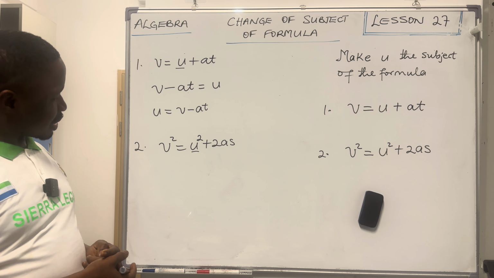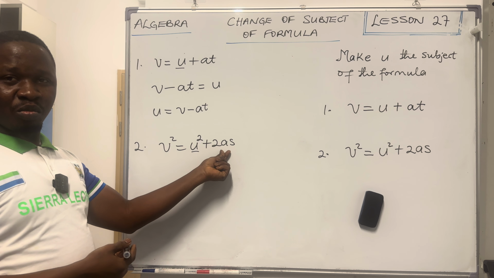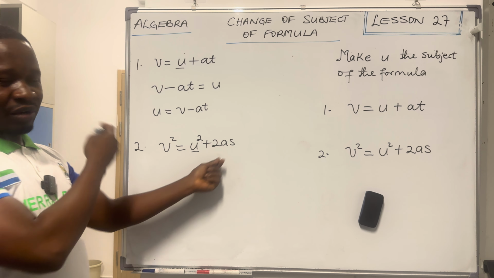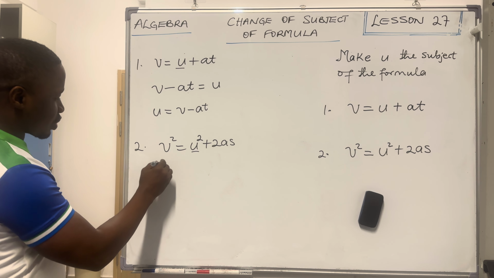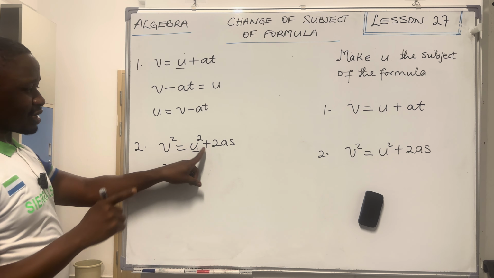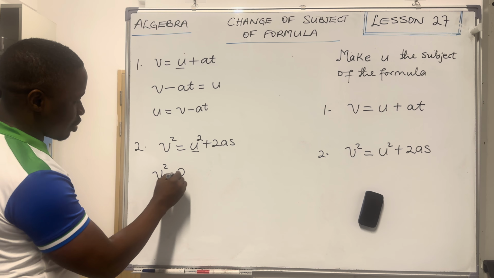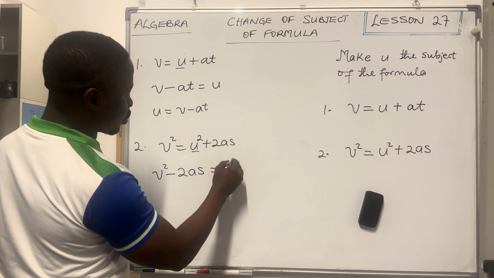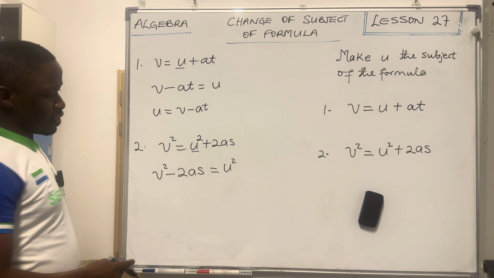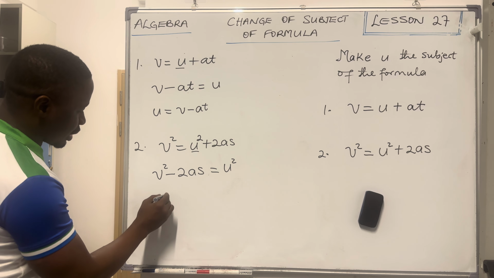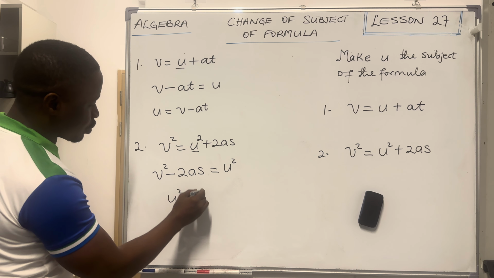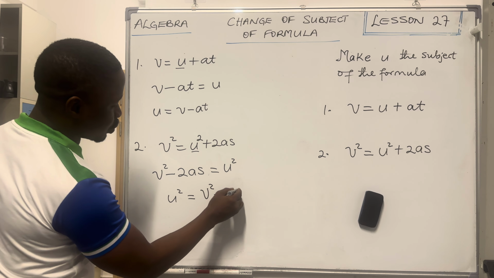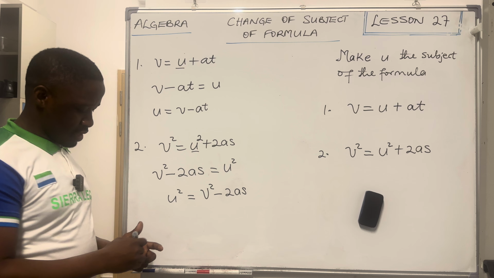So what we do is, let this term move from the right to the left. Here we have V squared. This comes here, the sign changes, minus 2AS, which is U squared. So as I did here, we can say U squared equal to V squared minus 2AS.